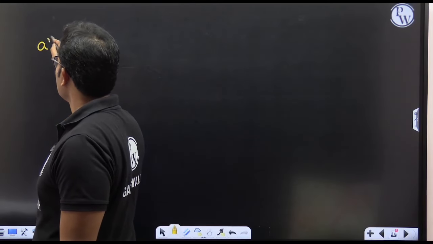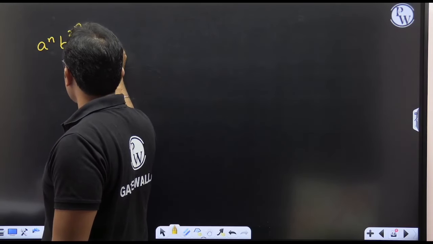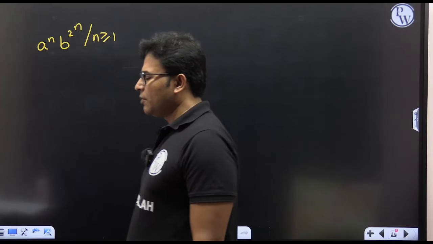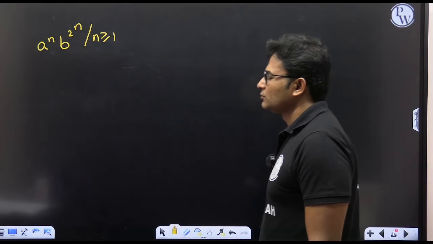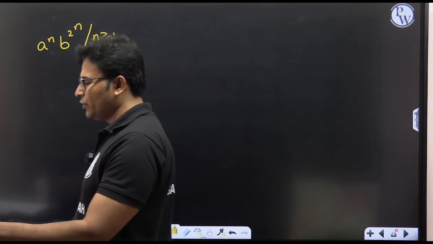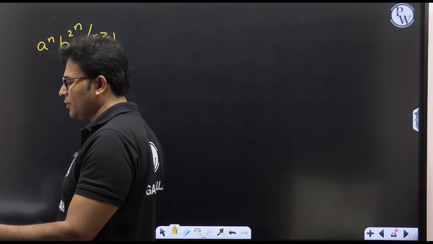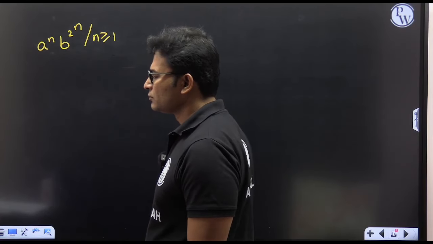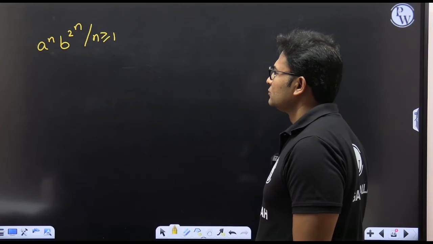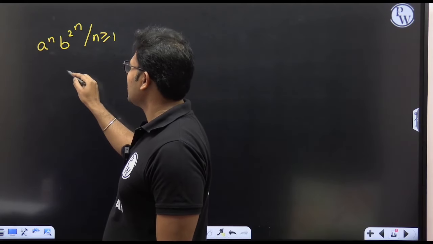Okay. Fine. Now, do this. a^n b^(2^n), such that n is greater than or equal to 1. Again, in this question also, you are going to see a non-linear power.